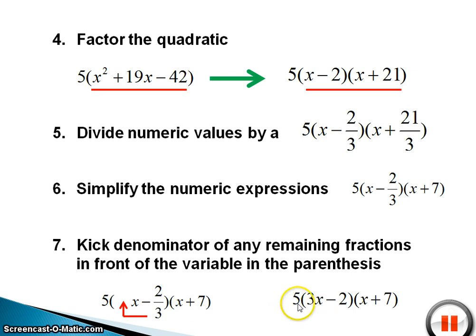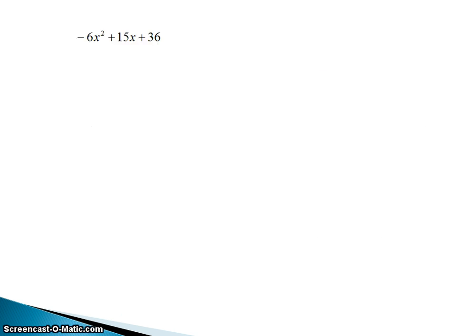So my final answer is 5 times 3x minus 2 times x plus 7. If I multiplied these two binomials together and then multiplied that whole thing by 5, I would end up with my original quadratic or trinomial that I began with. Stop now and copy down the rest of these steps, taking care to include the example.